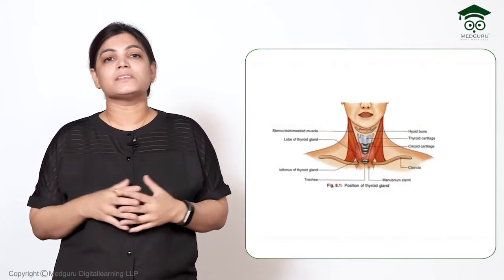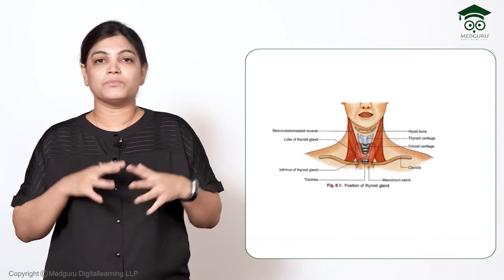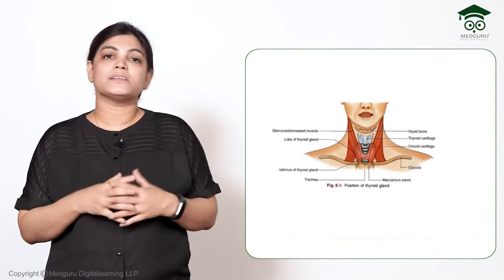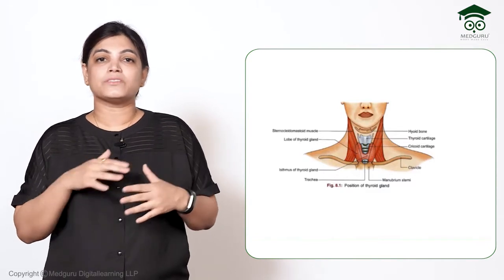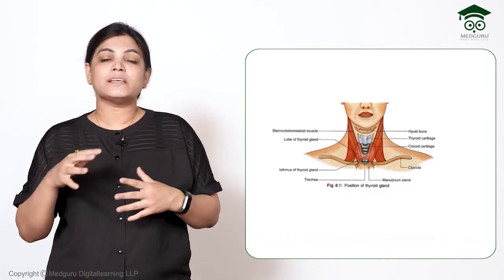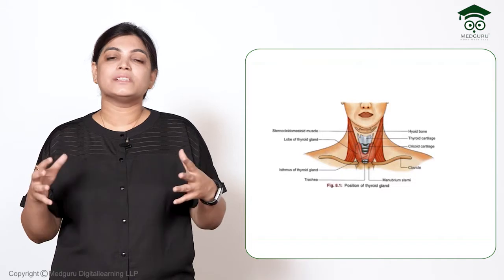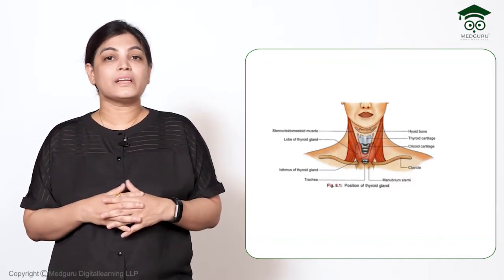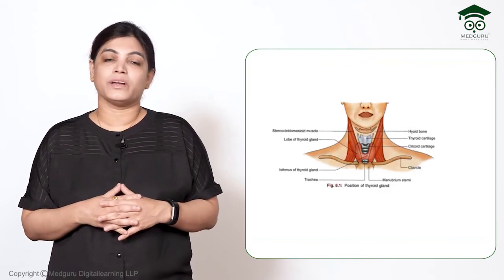Now, as we have discussed the lateral lobes in much detail, we will make a diagram for better understanding of the thyroid gland. We will take a transverse section at the C6 level of cervical vertebra, and we will see the relations of thyroid gland. Now coming to the relations of isthmus part of thyroid gland.